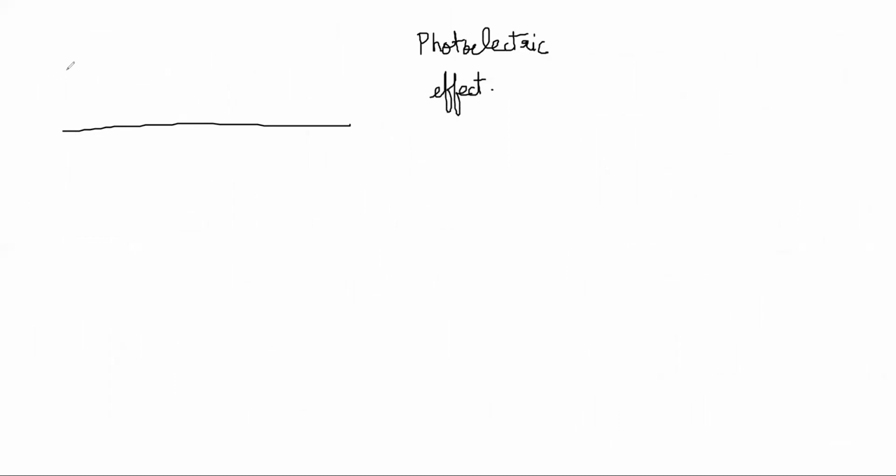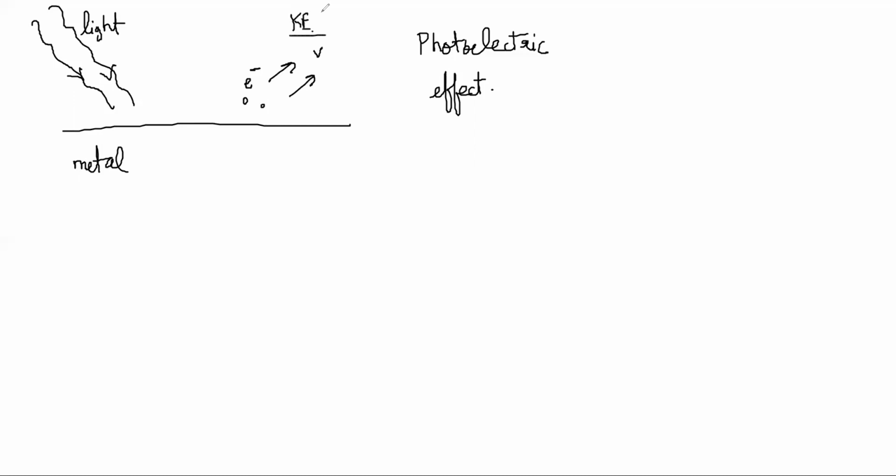Cathode, diode. So what is happening? There is a metal, and light is coming and strikes the metal, and then some electrons are ejected. The electrons are ejected with some speed, so they have some kinetic energy, right?